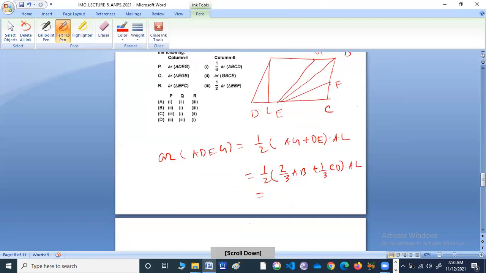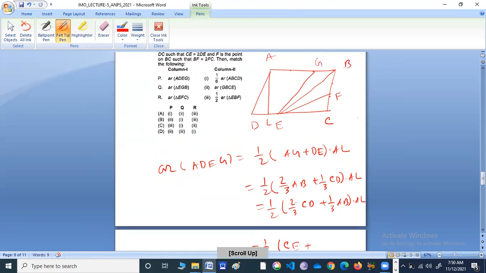Therefore this becomes half, since AB is equal to CD. So here I put CD and here I put AB, AL as it is. Therefore this one will be half, 2/3 CD, which is CE, and 1/3 AB. 1/3 AB is equal to GB, right? GB into AL as it is.